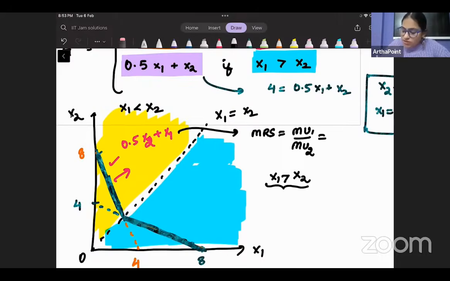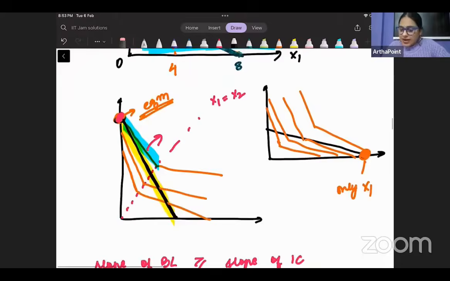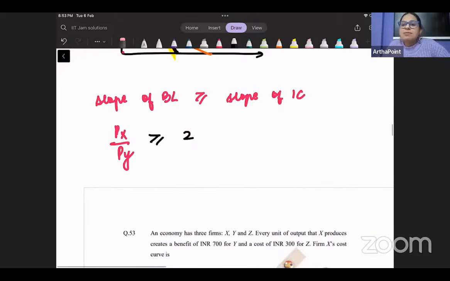When you differentiate with respect to x1, you get 1. With respect to x2, you get 0.5. So the slope of your indifference curve is 2. So we want that px by py should be greater than or equal to 2.